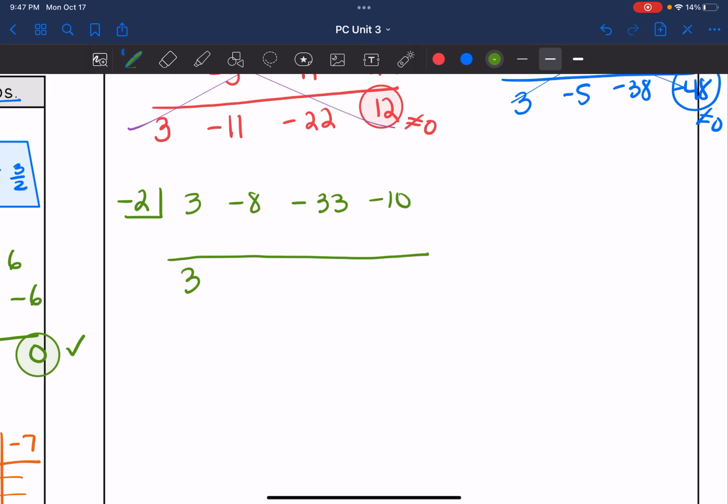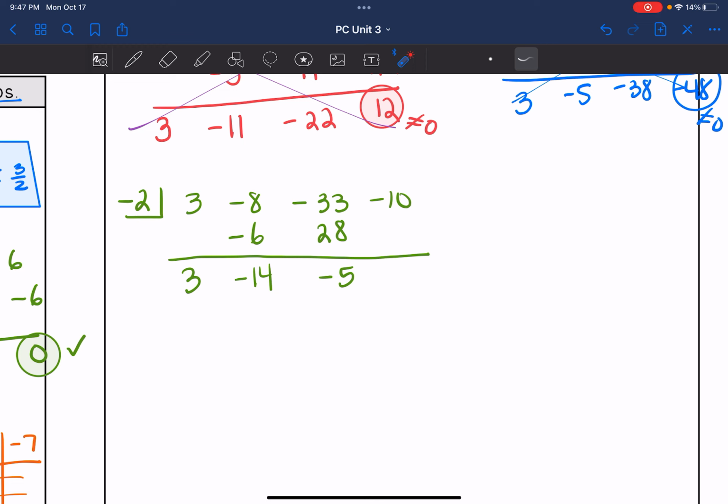Let's bring down the 3. -2 times 3 is -6. And when I add those up, that's -14. Okay, negative times a negative is going to make this +28. And when I add those, that's -5. Okay, and then negative times a negative is going to make this +10. And when I add those, I get 0. So that works out. So finally, we found one that is a factor.